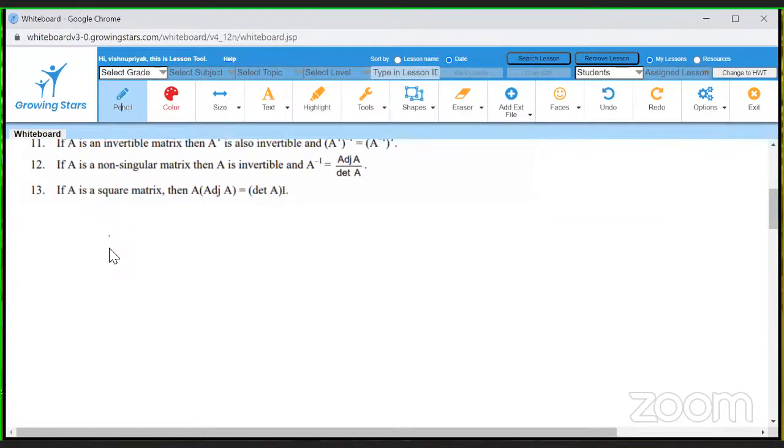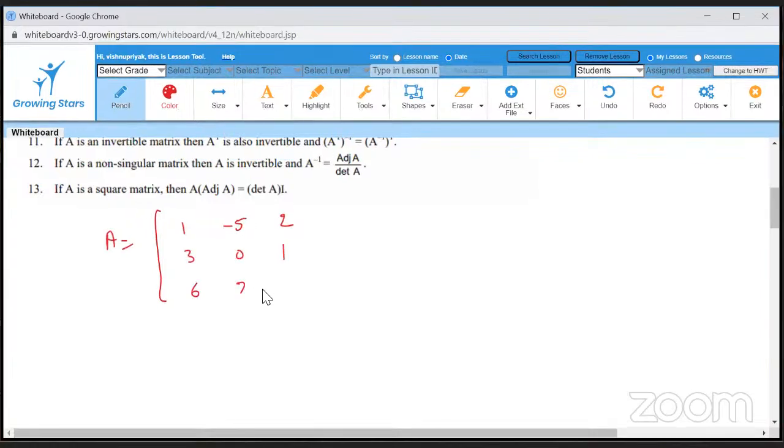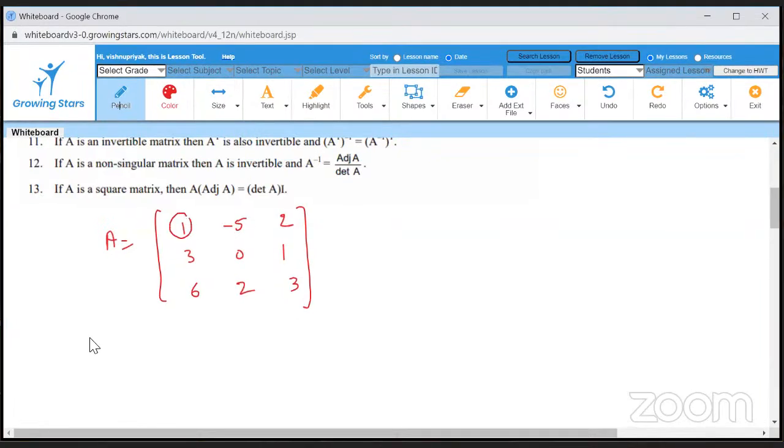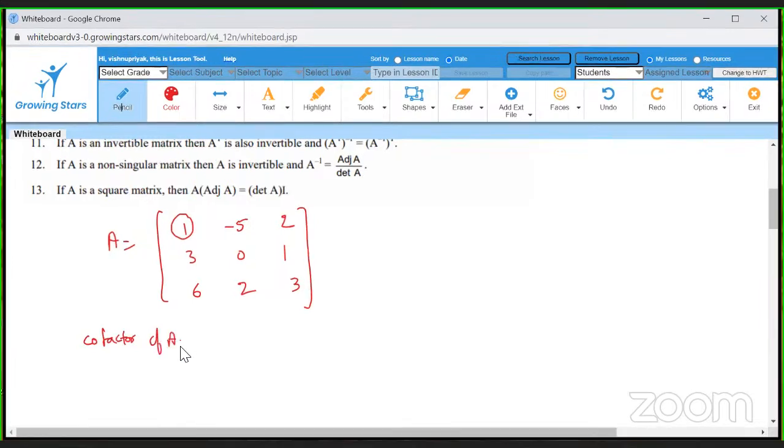Suppose I give you A: 1, minus 5, 2, 3, 0, 1, 6, 2, 3. If I give you like this, now 1 has a cofactor. What is the cofactor of A? Anyone? Does anyone have the idea? What is cofactor?